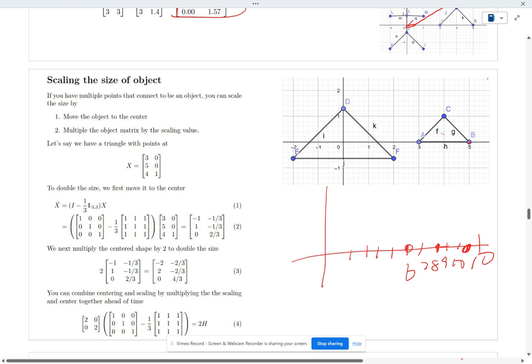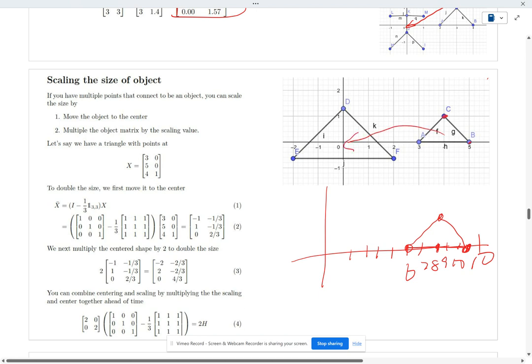This one would be 4, 8 by 2. Oh, in this case, it actually worked. It is double the size. Well, in general, I'm pretty sure you can't do that. Anyways, the idea is you want to move it to the center first.